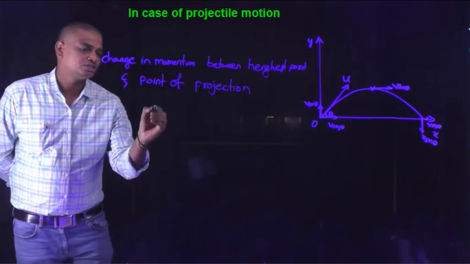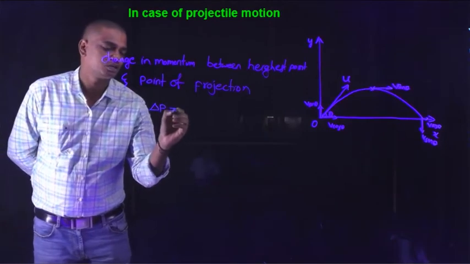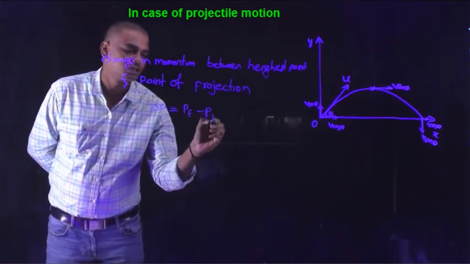So change in momentum delta p is equal to p final minus p initial.